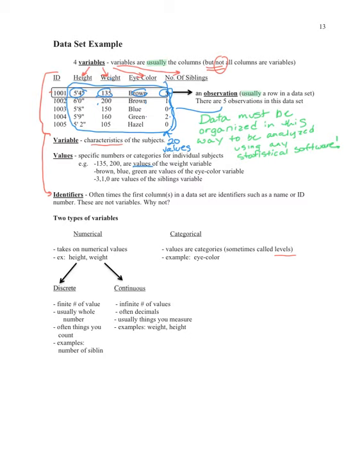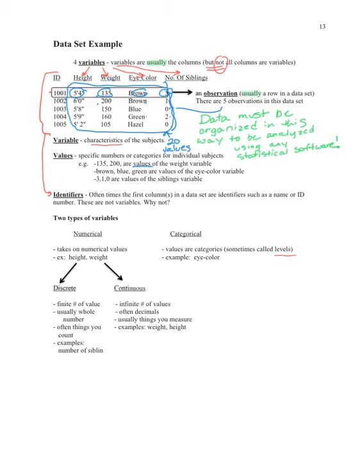Numeric variables can be further broken down into discrete or continuous variables. And the definition of discrete is that it takes on a finite number of values. In other words, like if you had a pencil and a piece of paper, you could write down all the possible values. It might be a long list, but you could write it down.